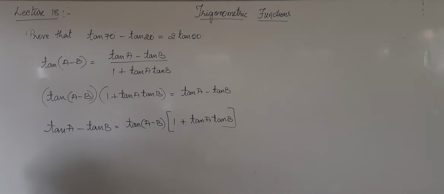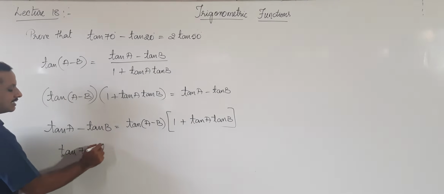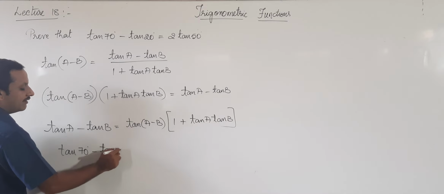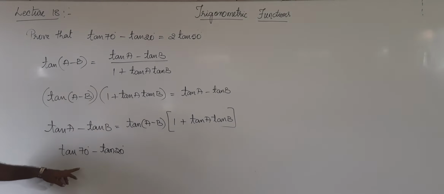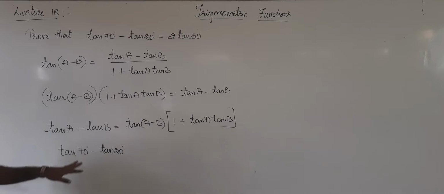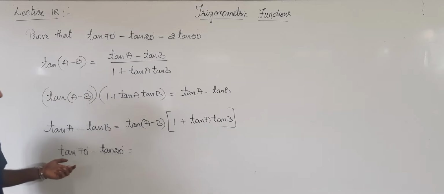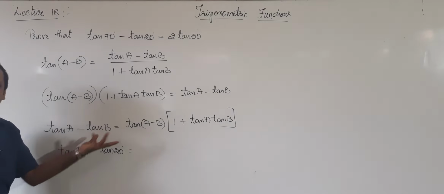In the given problem, if I consider LHS, we have tan 70 minus tan 20. Directly don't write, I will take tan common and 70 minus 20 will give us 50, so we get tan 50. That's not correct. We cannot take tan as common. Not allowed. Now for tan 70 minus tan 20, I am using this formula.